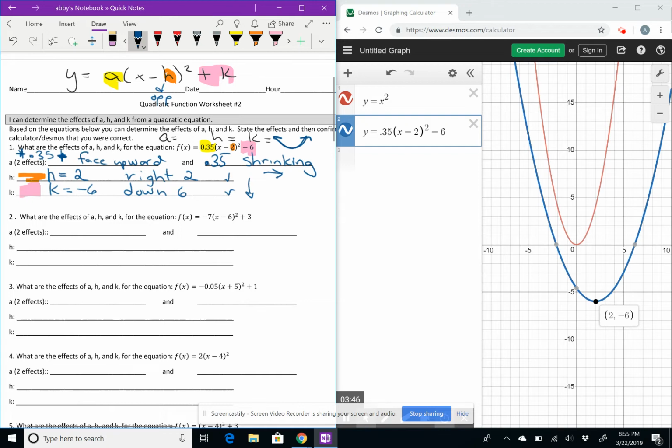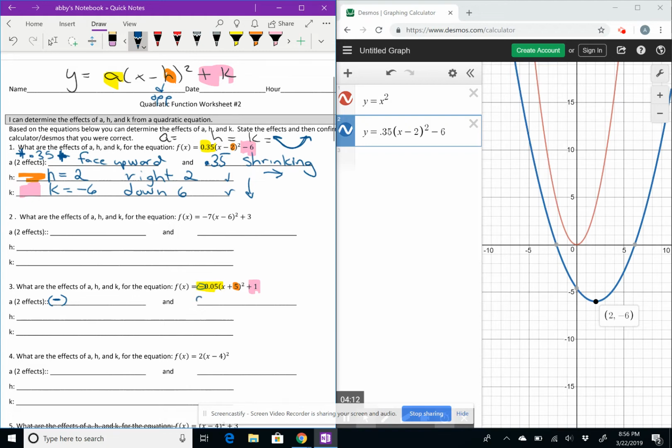Now I'm going to skip number 2 and I want to do number 3. Remember number 3, the A value is outside, the opposite of H, and then our K value. Now this is where students get kind of confused, because this negative sign is one of the effects, just like we did the positive up here.